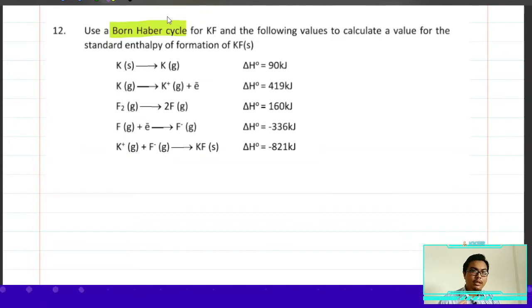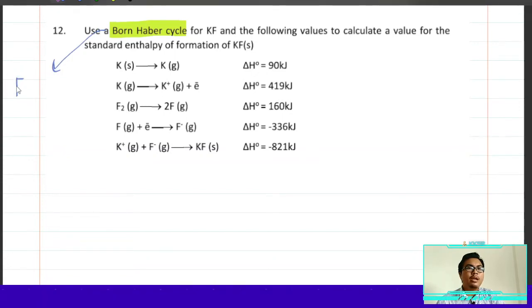Okay, so dia nak kita buat Born Haber cycle untuk standard enthalpy formation of KF. Okay, so macam mana nak buat? Kita akan tengok segala value yang ada diberikan dekat sini merujuk kepada enthalpy of apa. Okay, so itu satu. But before that, untuk buat Born Haber cycle, you have to remember this simple acronym lah.